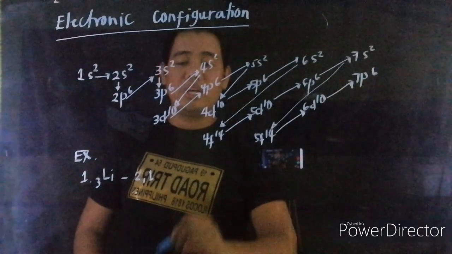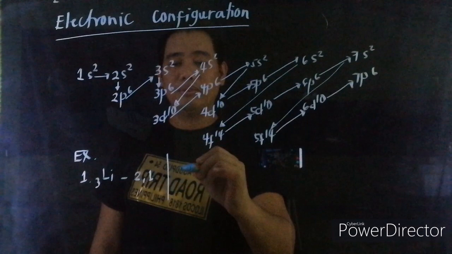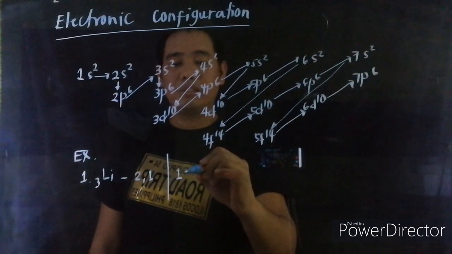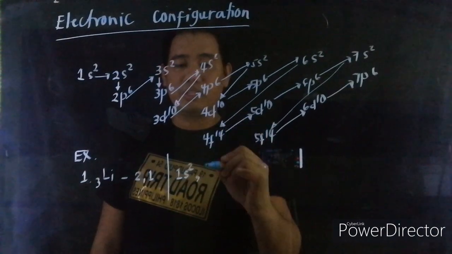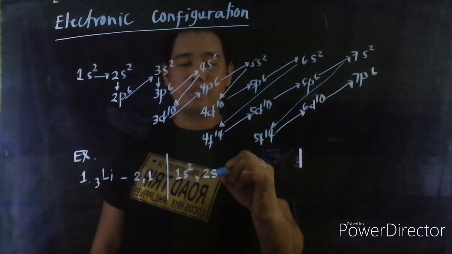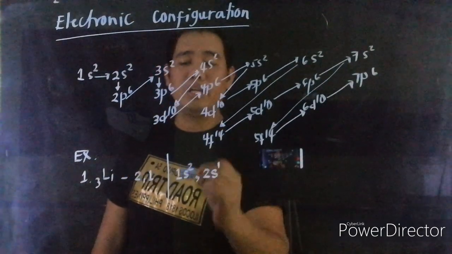Now, for the electronic configuration, we have 1s2, then the next one is 2s1. So why 1s2?